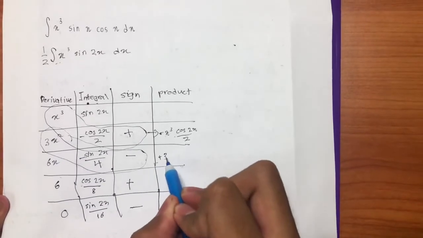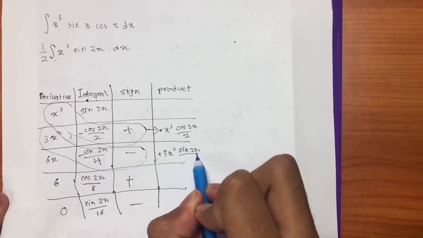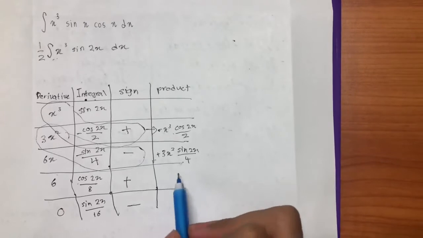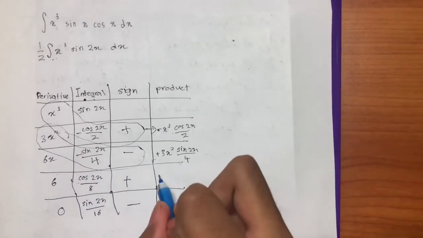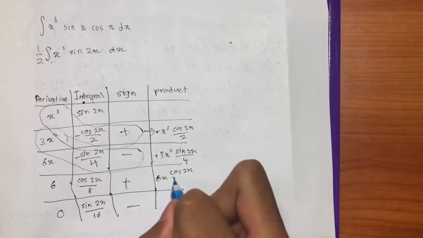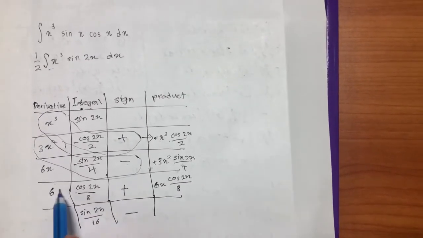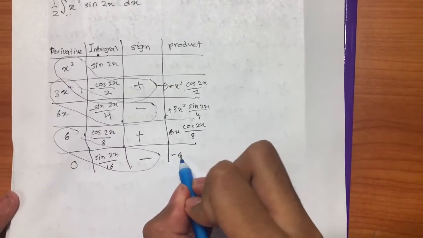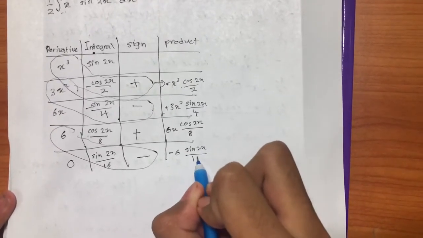So 3x squared sin 2x over 4. Same for the next box. For here, 6x cos 2x over 8. And the last box is this one. So negative sign, 6 sin 2x over 16.